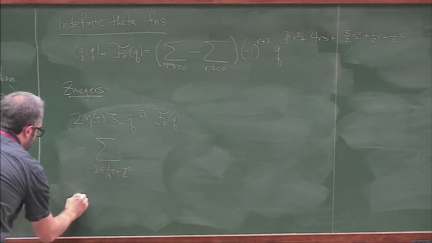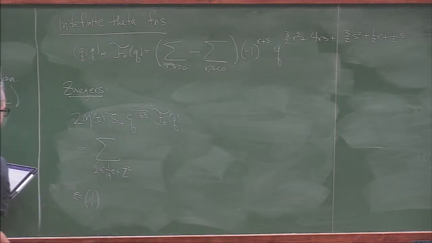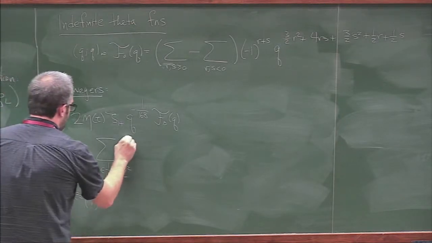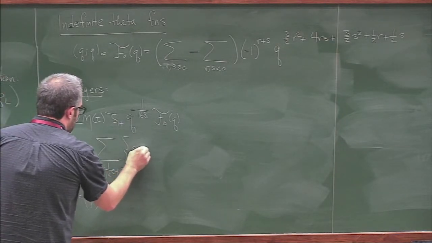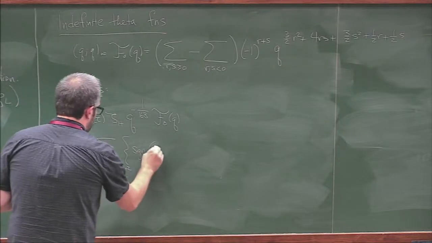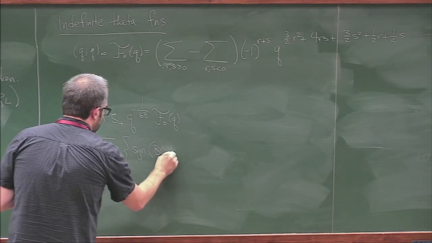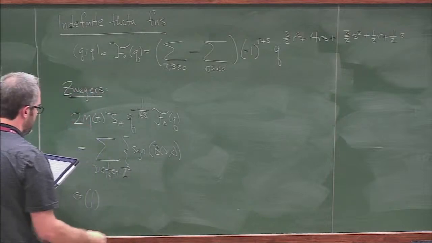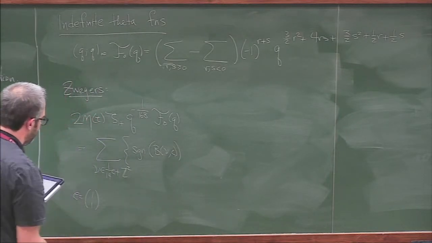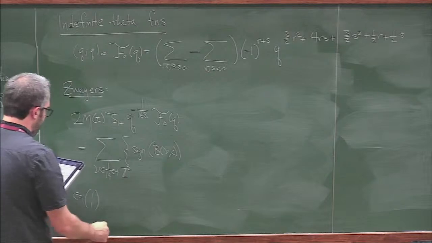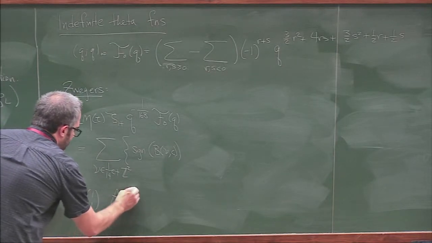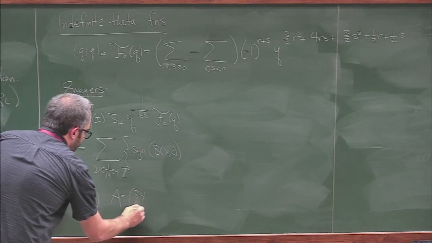Okay, what is e? E is just the vector (1, 1). Okay, so now I get the sign of some bilinear form, B(nu, c), c1. Okay, I should define these things. I'll define them as I go. So what is the bilinear form? Well, we're going to take a matrix (3, 4; 4, 3).